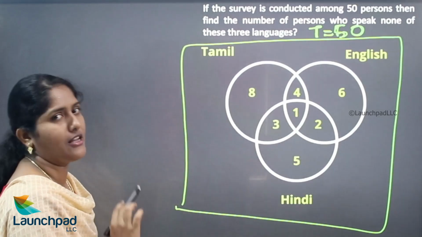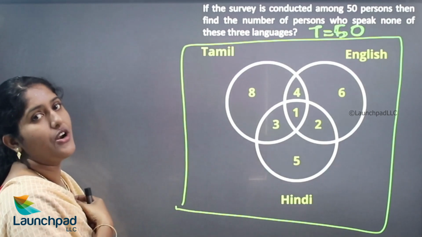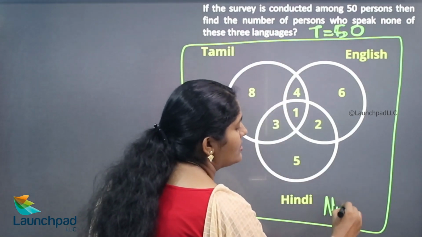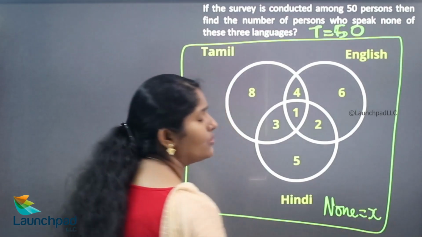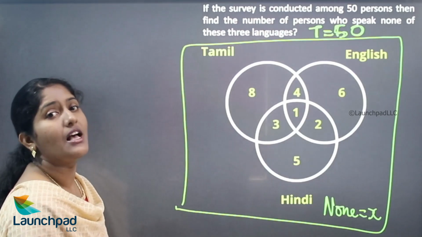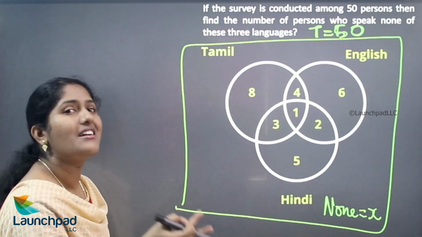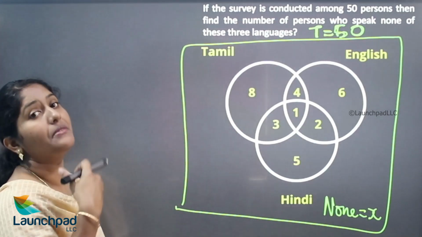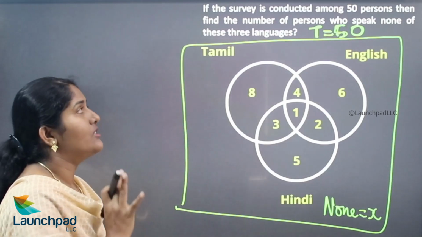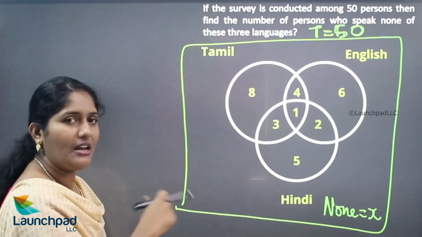If it is, that difference is our unknown value. For example, here the none value is x. Why can we say none? Because among the 50 persons, some do not know English, Tamil or Hindi. Maybe they speak Malayalam, French or Telugu, whatever they know. So we are looking for those among the 50 who speak none of these three languages.